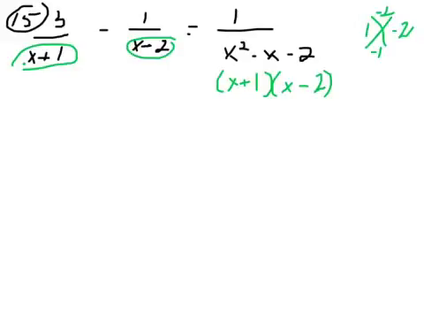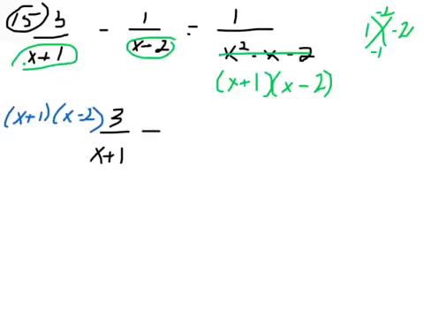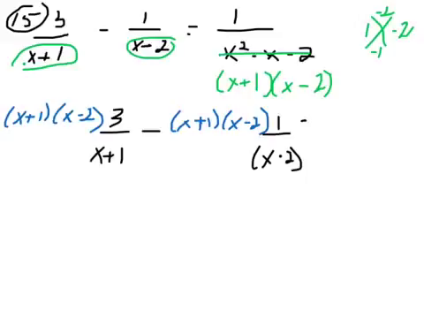So what I'm going to do is multiply everything through by x plus 1, x minus 2. So I'll go ahead and write it all out. x plus 1, x minus 2 times 3 over x plus 1 minus x plus 1, x minus 2 times 1 over x minus 2 is equal to x plus 1, x minus 2.